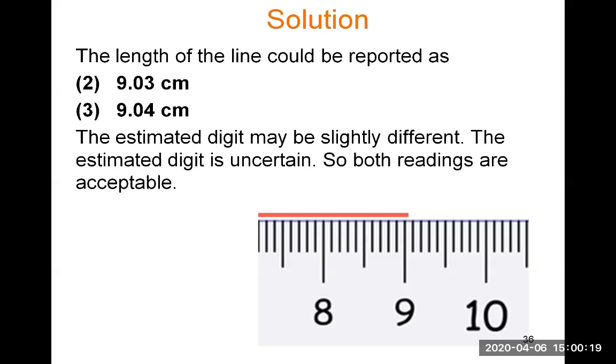And so it's okay if it's not the same digit for everybody. We say that the last digit is estimated and is uncertain. It carries the uncertainty of the measurement. And that's that digit to which you will add 1 and subtract 1 to get the range of values for which you are sure your measurement is included.